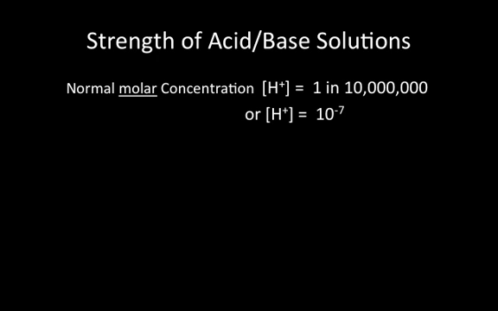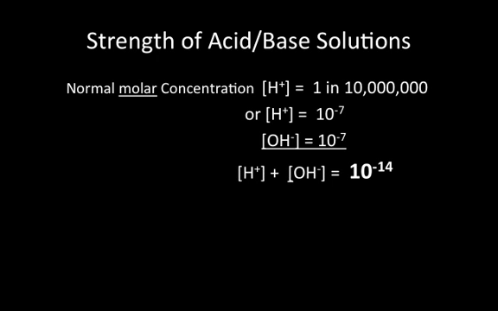Or, if we wanted to write that in scientific notation, we could write it as 10 to the negative 7. That's another way of writing 1 in 10 million. The concentration of hydroxide ions is also 10 to the negative 7. That should make sense because for every hydrogen ion you're going to get a hydroxide ion. If you multiply them together, their total should be 10 to the negative 14.